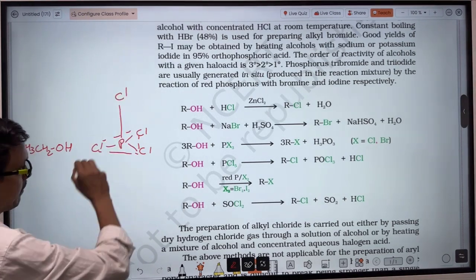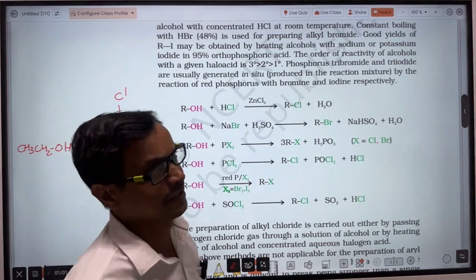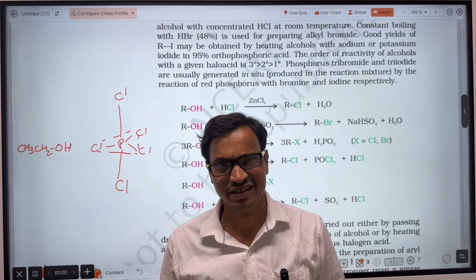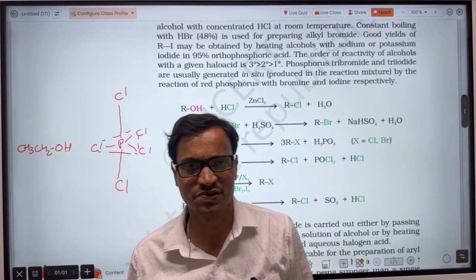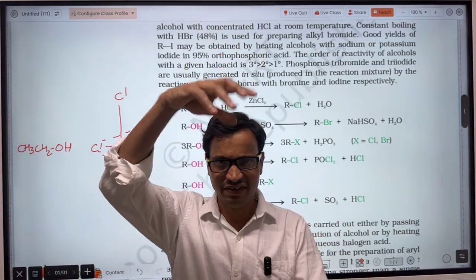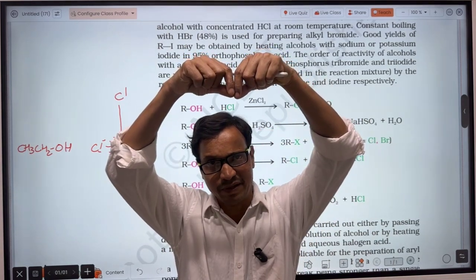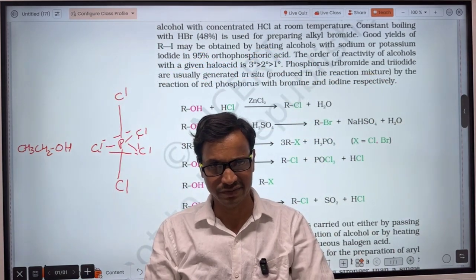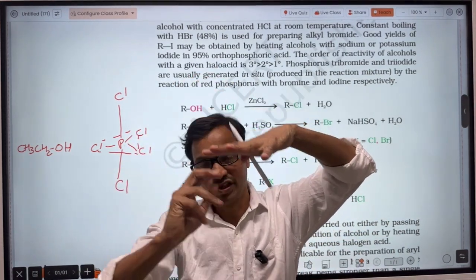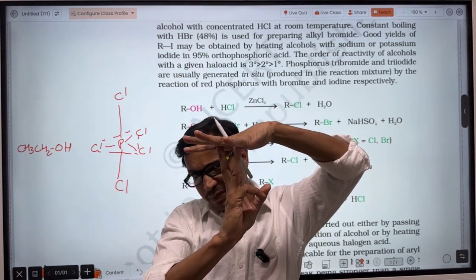One chlorine atom will be above that plane and another chlorine atom will be below the plane. So when you join the above chlorine atom and the below chlorine atom with the 3 chlorine atoms, it will appear that there is formation of 1 pyramid above and 1 pyramid below.